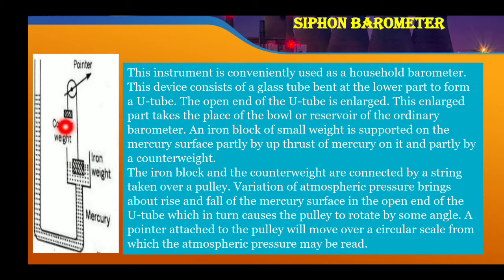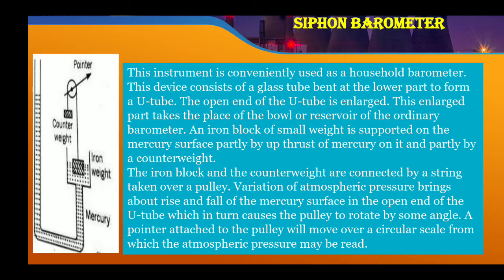So there is the counterweight, and this is a pulley by which it can move. And here is a pointer. When this pulley is moved, this pointer is also moved. The iron block and the counterweight are connected by a string taken over a pulley.